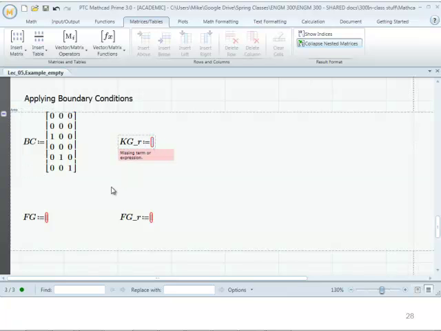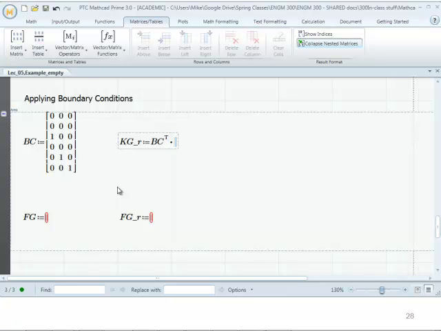Right. And the way we're going to reduce our global stiffness matrix is take the boundary condition matrix, take the transpose of that, because this is a 6 by 3, and we're going to multiply it into a 6 by 6. So 6 by 3 into a 6 by 6 doesn't work. So we actually have to transpose it first. So we're going to transpose it, so now it's a 3 by 6.